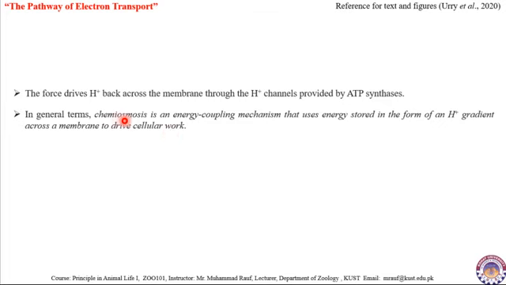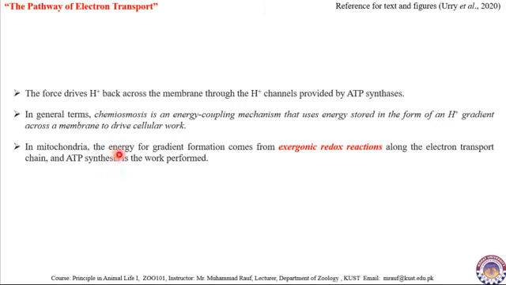So what is chemiosmosis? It is basically an energy coupling mechanism, and it uses the stored energy in the hydrogen ions which are present in bulk in the intermembrane space. So this potential energy is used to synthesize ATPs.